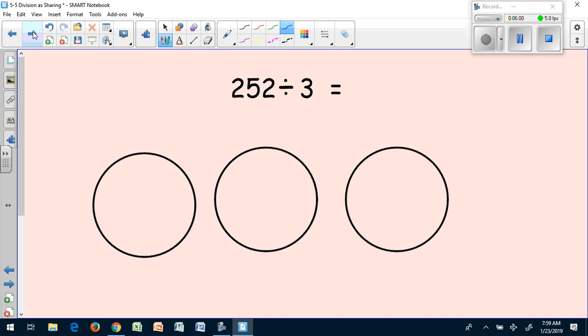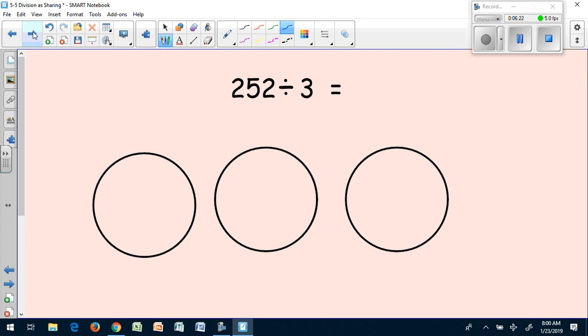Let's do one more together, and then you can try some on your own. 252 divided by 3. Pause the video and write that and draw that into your notebook. I know I can't do hundreds because I only have 200 and I have 3 groups, so I can't put 100 in each group. So I'm going to start with dividing tens.